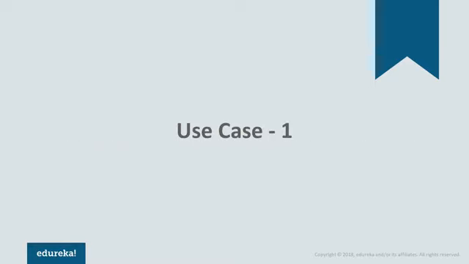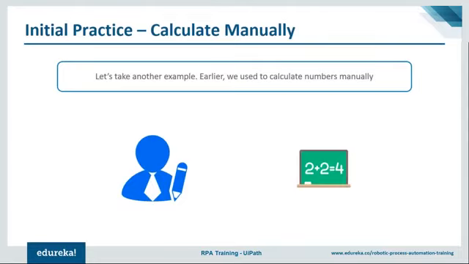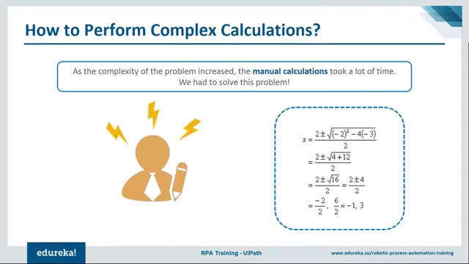So to understand this, let's take the example of a calculator. So earlier, when calculators were not there, and if you were to do calculations, you used to do it manually. But as and when time progressed and we understood the power of maths, we needed complex calculations, and these calculations had to be precise because these were applied calculations in processes that we did every day.